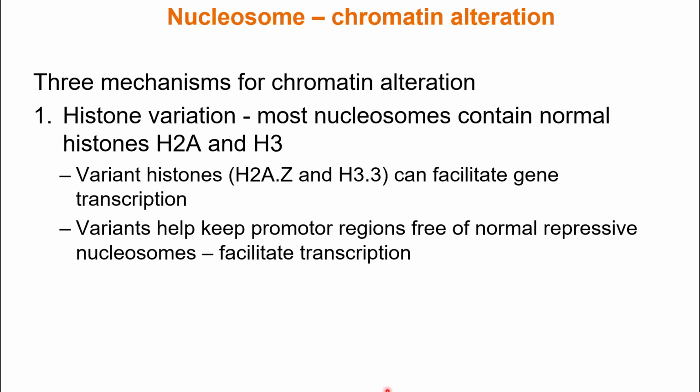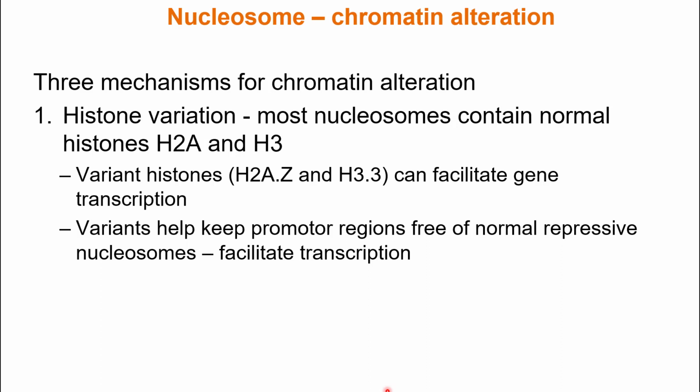So most of our nucleosomes, and again, the nucleosomes are histone proteins around which we have our DNA coiled, generally contain either H2A or H3 histones. There are, however, variants of those histones, and they can help facilitate gene transcription.